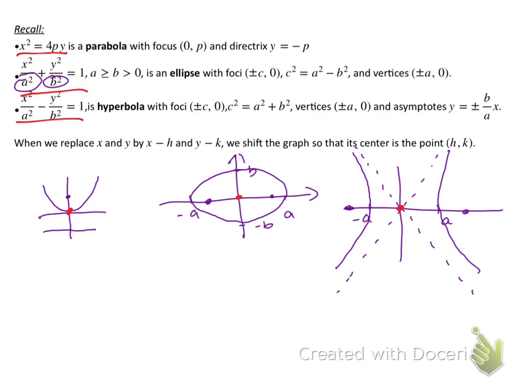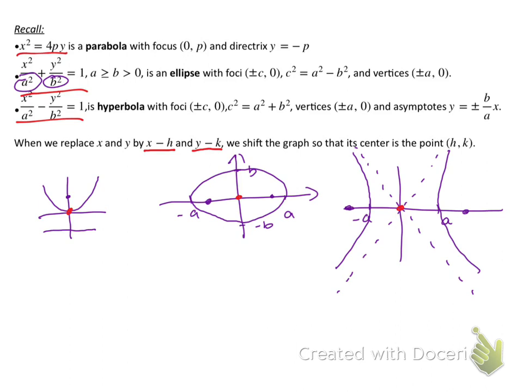If we replace x by x minus h or y by y minus k in the equations, we are still getting the shapes of parabola, ellipse, and hyperbola, respectively, but we are shifting the center to (h, k), the new point.